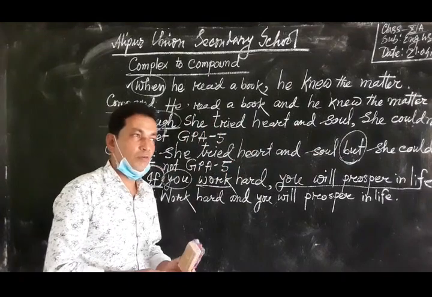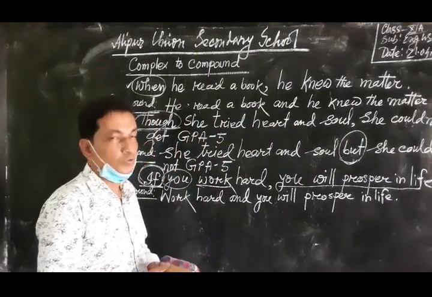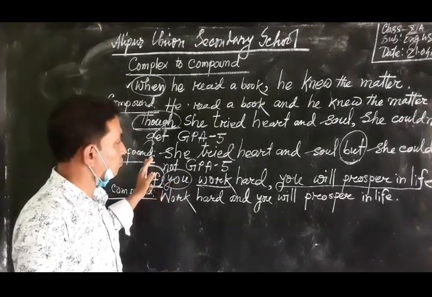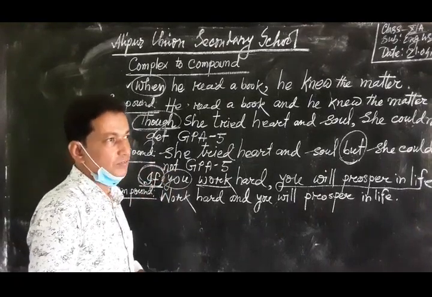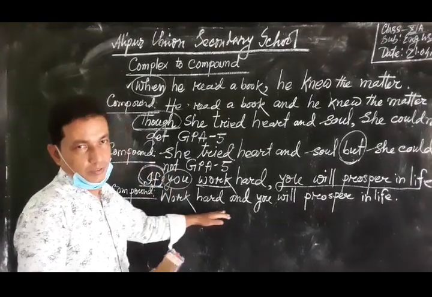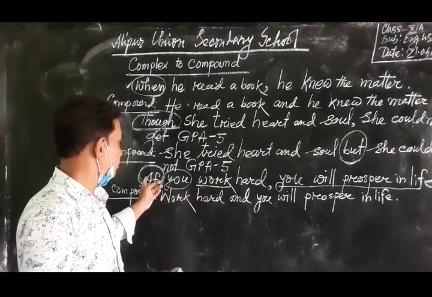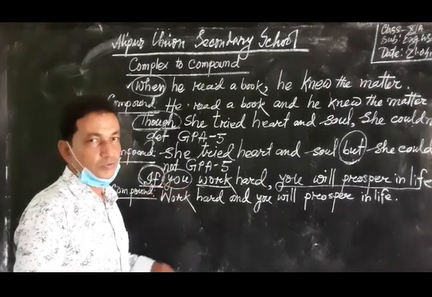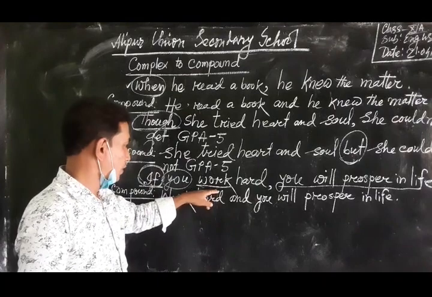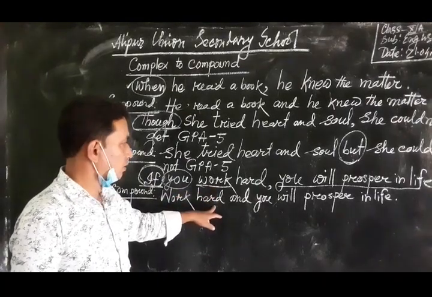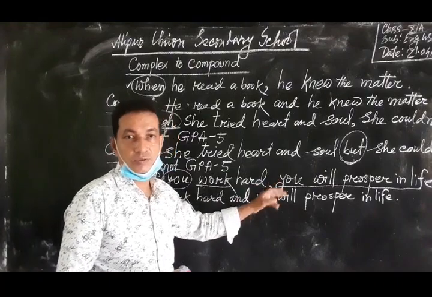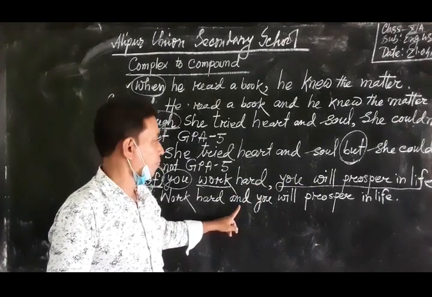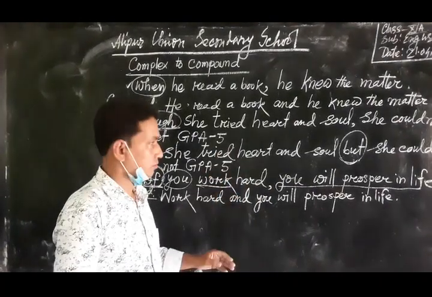So when we face any complex sentence using if conjunction, this is subordinate conjunction also, and this sentence must be changed into compound. At first we have to discard conjunction if and at the same time subject, and instead of these two words we may write the main verb, here main verb work, and work hard, and we may use coordinating conjunction and in the middle of the two clauses.